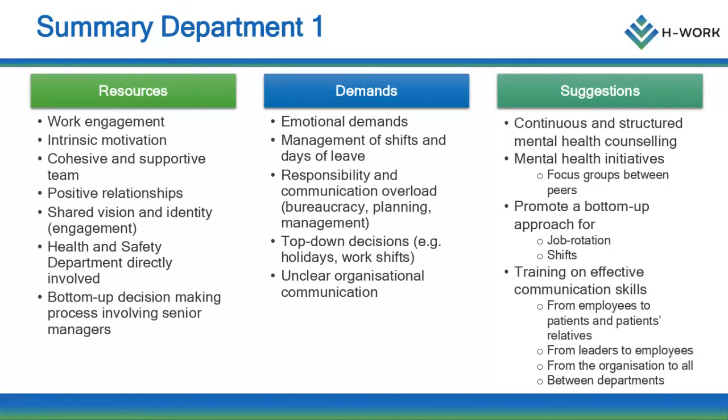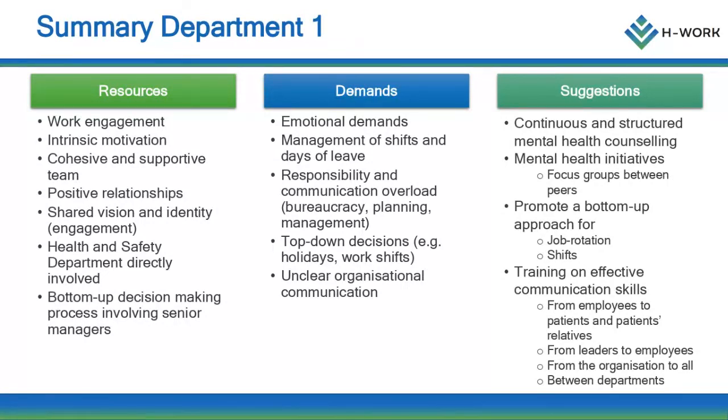In this meeting, they also came up with suggestions for what could be done about these issues. Some of the suggestions were continuous and structured mental health counseling, mental health initiatives also at the group level with focus groups between peers, and promoting bottom-up approaches for job rotation and job shifts to address the issue of top-down decisions about holidays and work shifts.